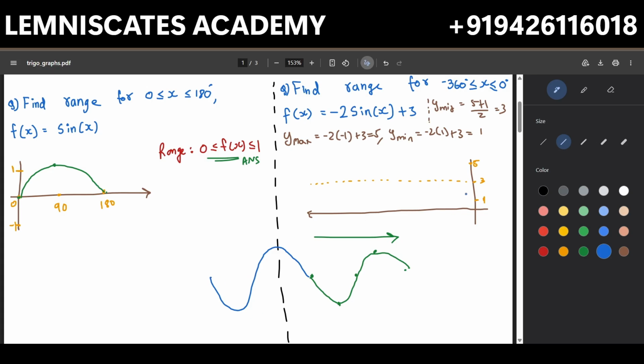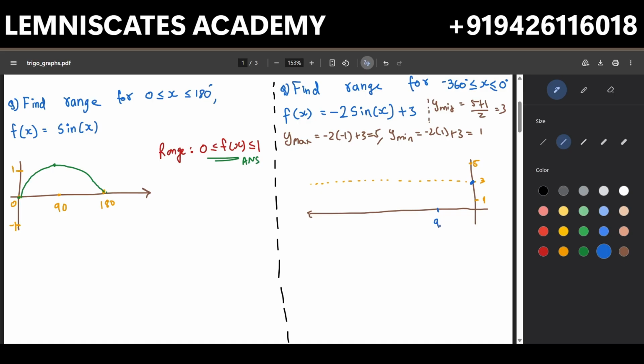So it's very important for you to identify whether the graph will go in the minimum way or in the maximum way in the negative direction. You can easily identify this just by imagining what the graph is on the right hand side in the positive domain, and then just keep on continuing the cycle on the left hand side. That is the trick. So what I'm going to do over here is say that at 0, it is at the middle value.